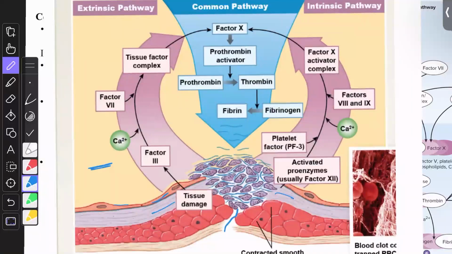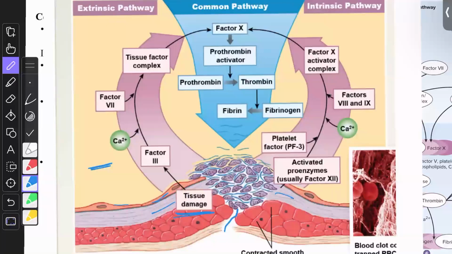When this cut happened, okay, 2 things resulted from this cut. First, there was tissue damage. Okay? There was physical tissue damage. As a result of that tissue damage, we had the exposure of the collagen.